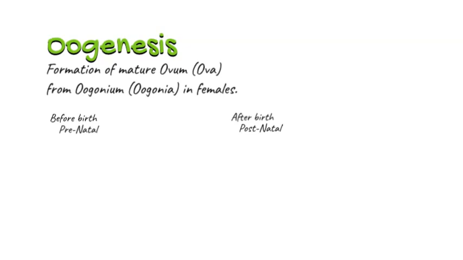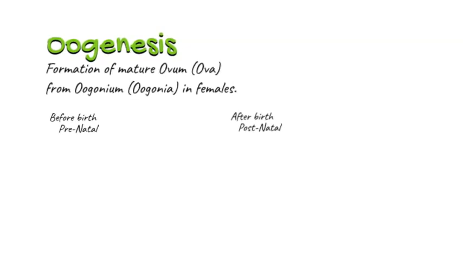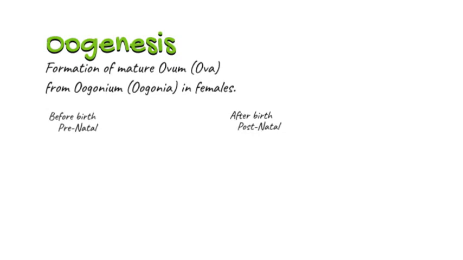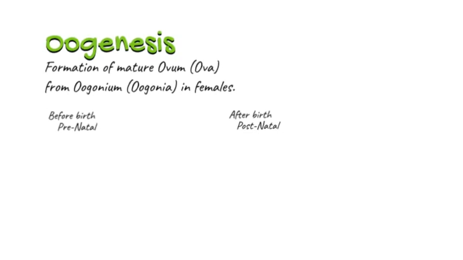So once it is determined that you are a female, as soon as the sperm fertilizes the egg, as you are developing in your mother's womb, this process starts. Okay?